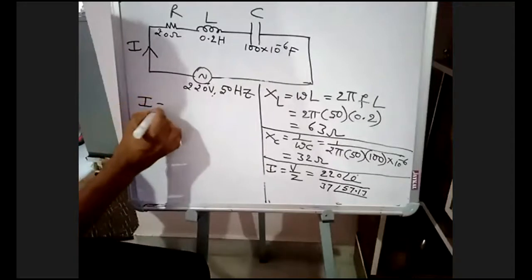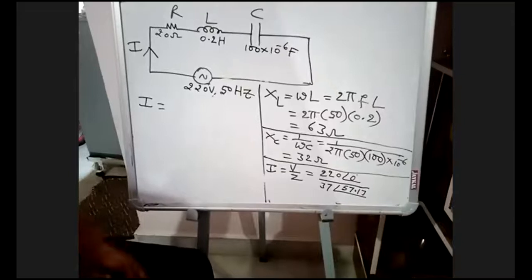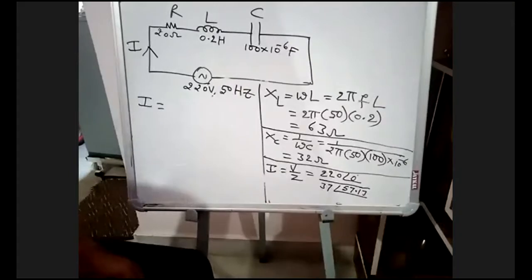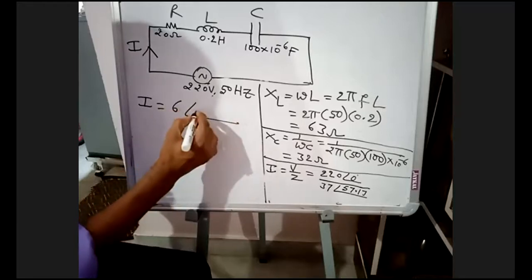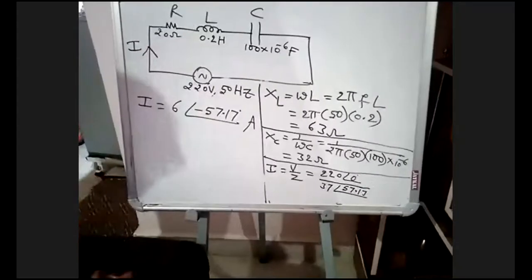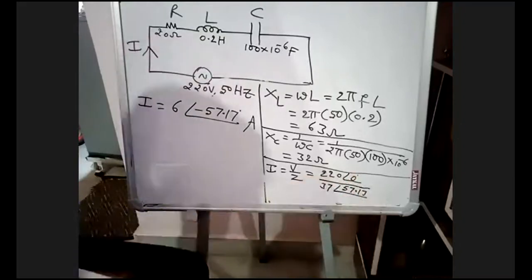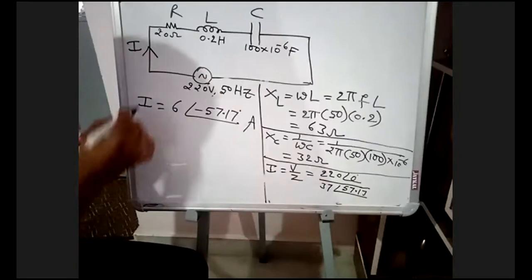I is equal to 220 by 37. If the angle comes to the numerator, it becomes negative, so 0 minus 57.17, it is minus 57.17. This is your current.